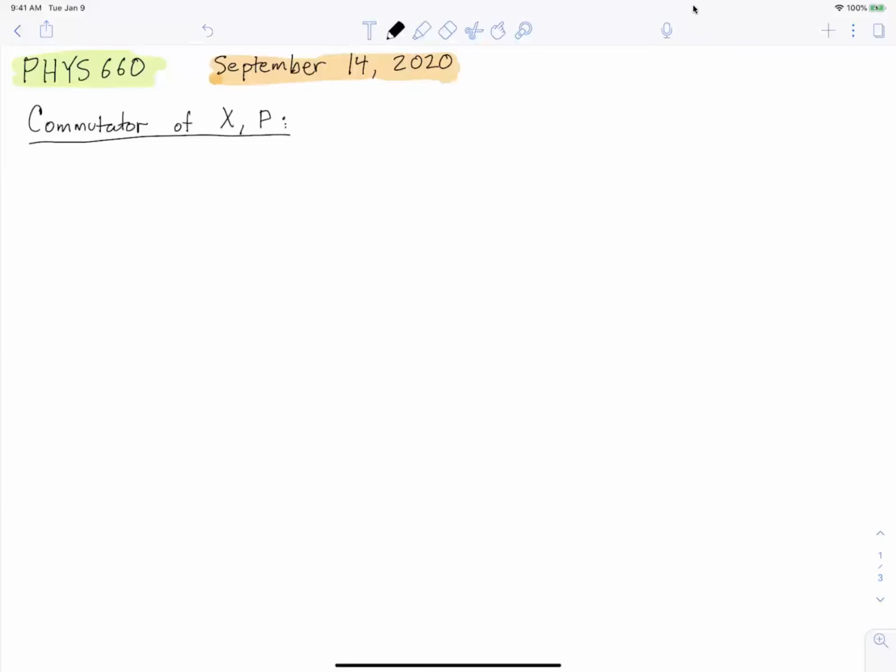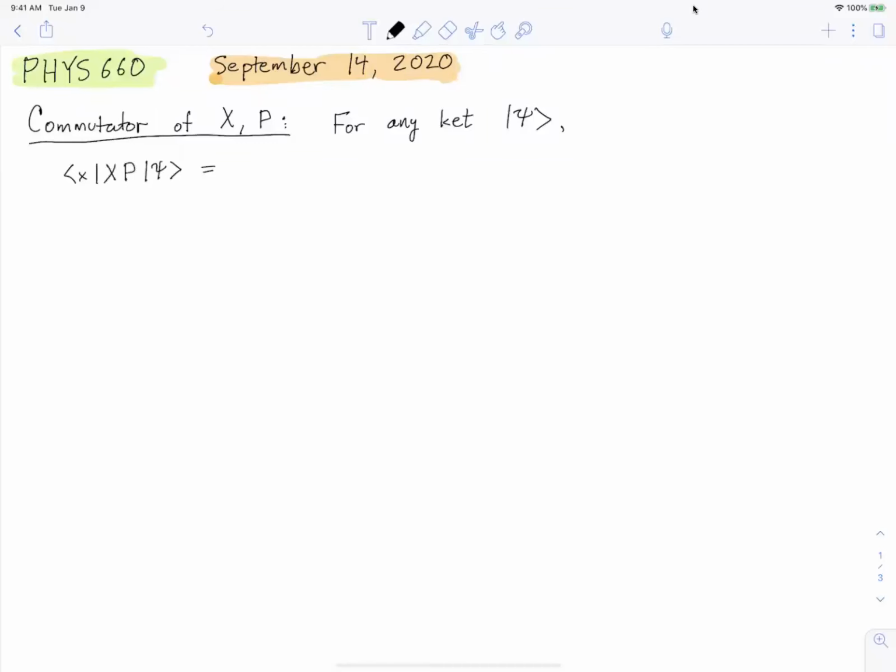And so the way we're going to do this is we're going to consider any ket. Let's just give it a name, psi. And we're going to consider the matrix element <x|X P|psi>.